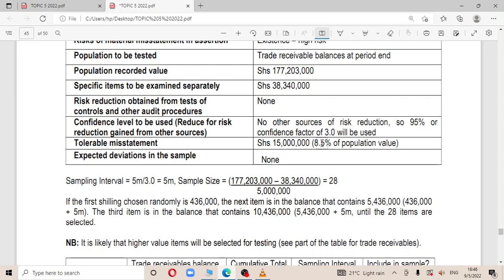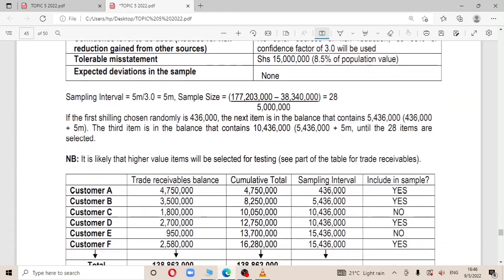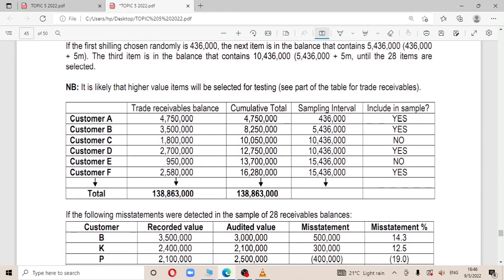So what do we do? We must find out what was the total population, for example, for these receivables. When you add all of them, you find it's 138 million, all of them. So the first thing we do, if I can first remove these ones for you.